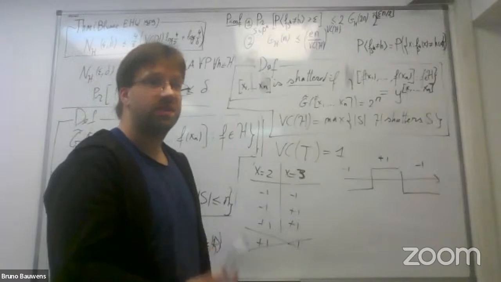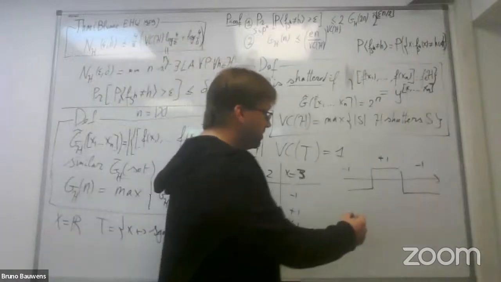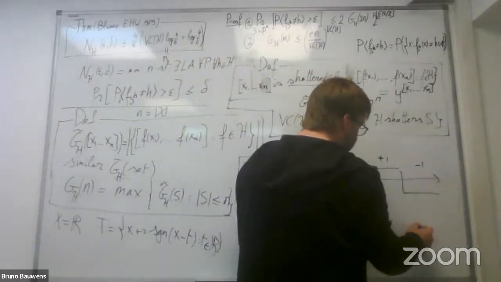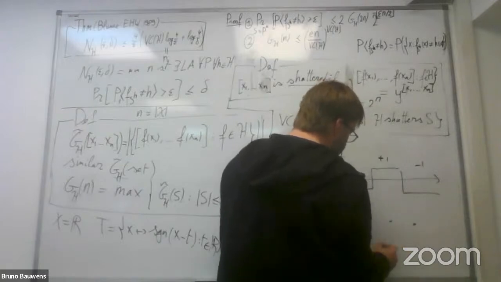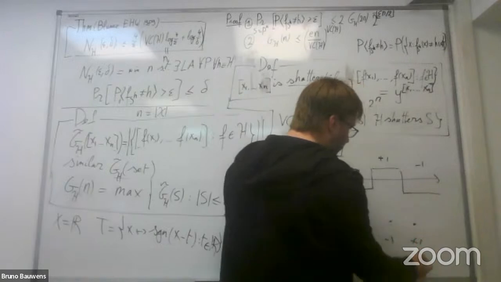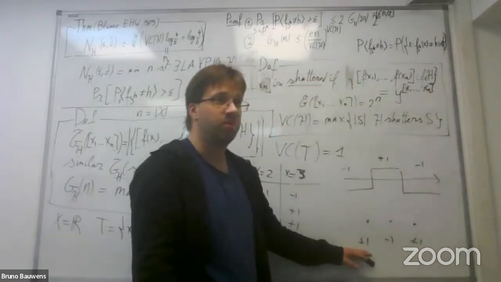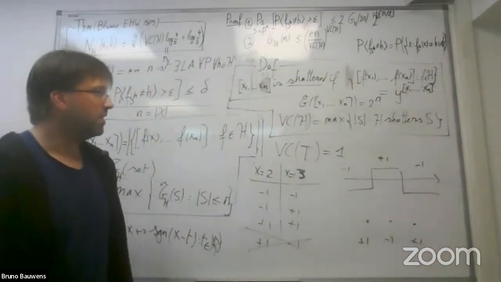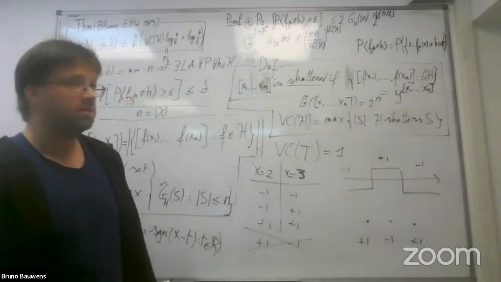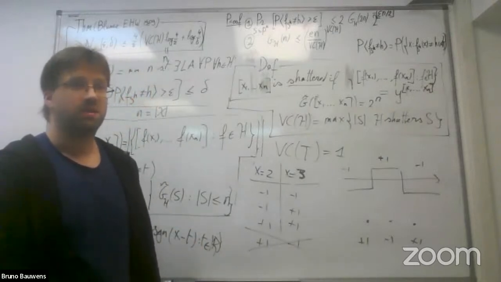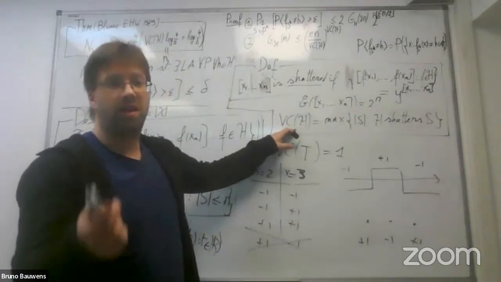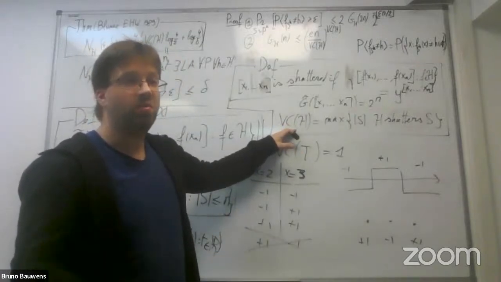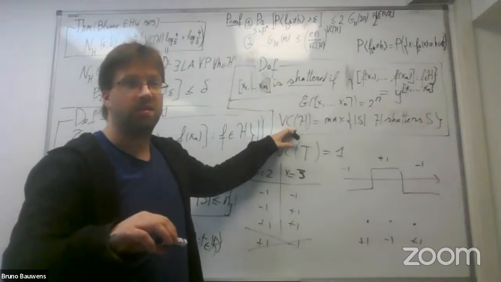But then for every set of 3 points, we can order them. And then we can say that +1, -1, and +1 is a dichotomy we cannot produce. Note that every year there is a mistake. People make mistakes in the definition. To prove that VC dimension is at least some value k, we need to find k points that are shattered.